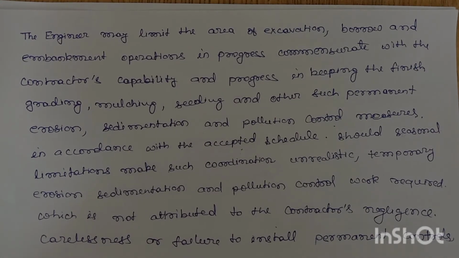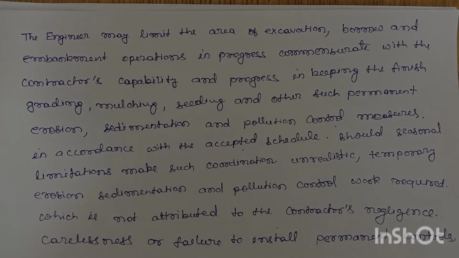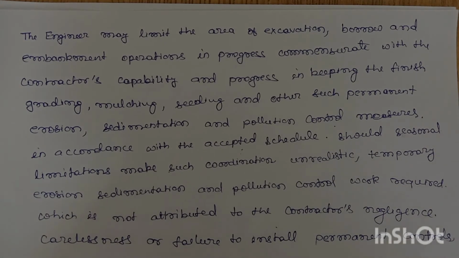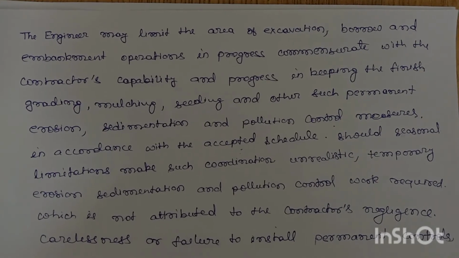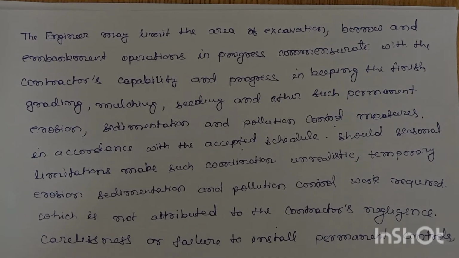The Engineer may limit the area of excavation, borrow and embankment operations in progress, commensurate with the Contractor's capability and progress in keeping the finish grading, mulching, seeding, and other such permanent erosion, sedimentation, and pollution control measures in accordance with the accepted schedule.